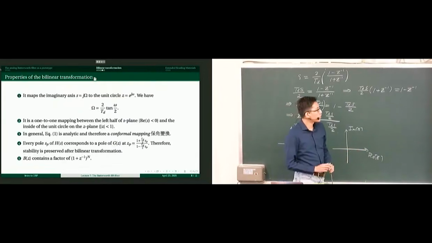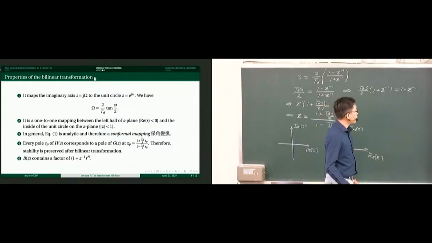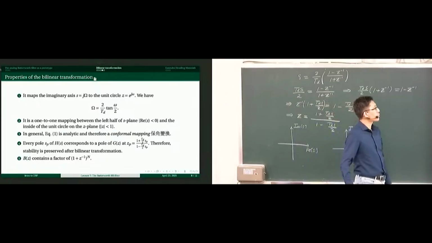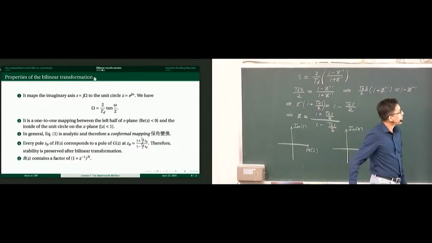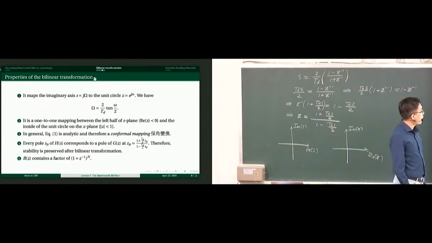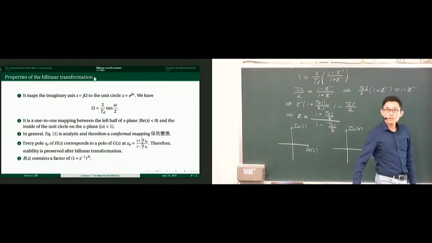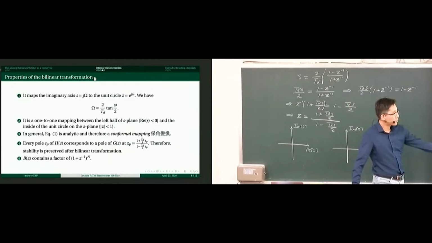But next, we want to study a few properties of the bilinear transformation so that we can be convinced that this really gives us a good design. This difference equation really has basically the same frequency response as our analog prototype. Why can we call this a design?